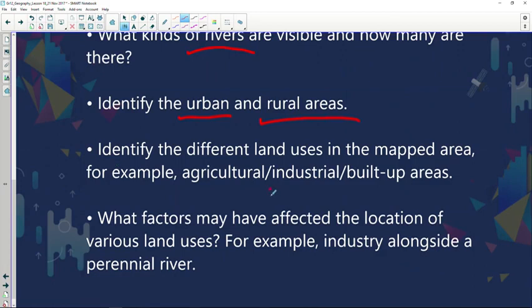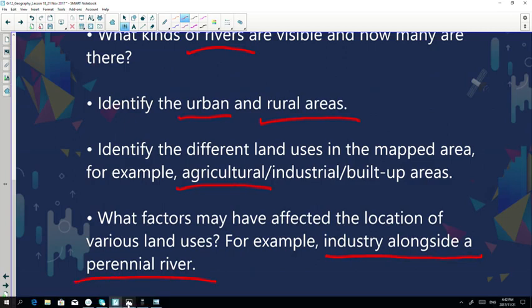Now, we have already looked at that. Most of the land being used in the area of Paarl is agricultural. It's vineyards over there. The industrial and the built-up areas are close to the CBD. Now, what factors may affect the location of the various land uses? For example, the industries alongside the perennial river. Paarl is a beautiful example of this.